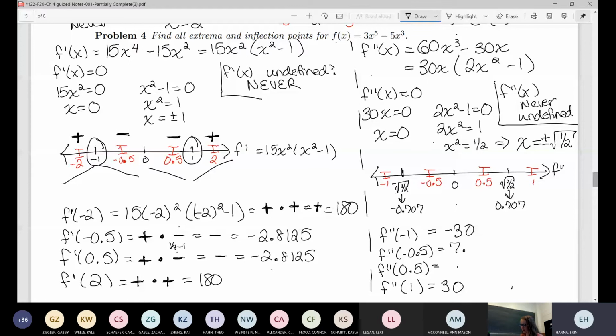And then plugging in positive 0.5, I believe gives us negative 7.5. Let me double check. Yep. Again, kind of a pattern to those answers, but it's purely coincidental. So when we plug in negative 1, we get a negative, and then a positive, and a negative, and a positive.